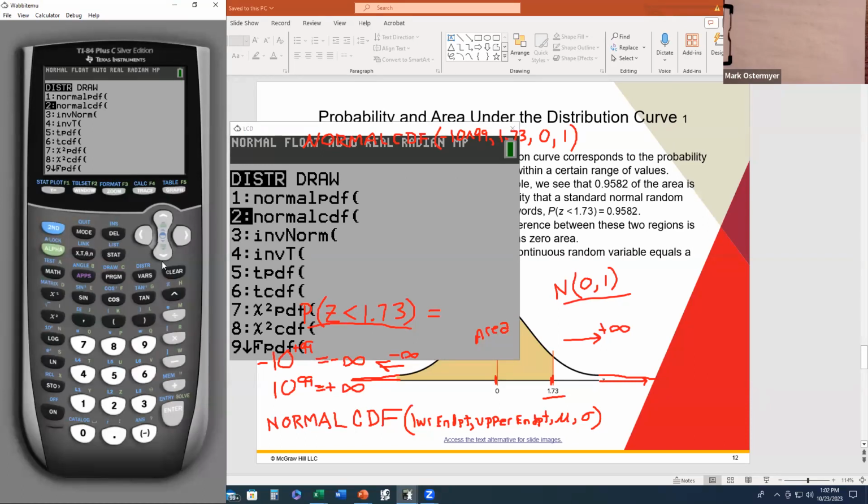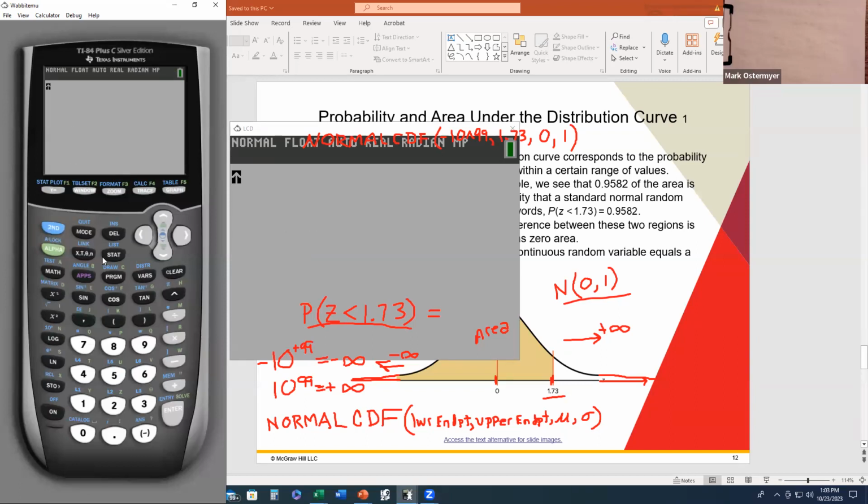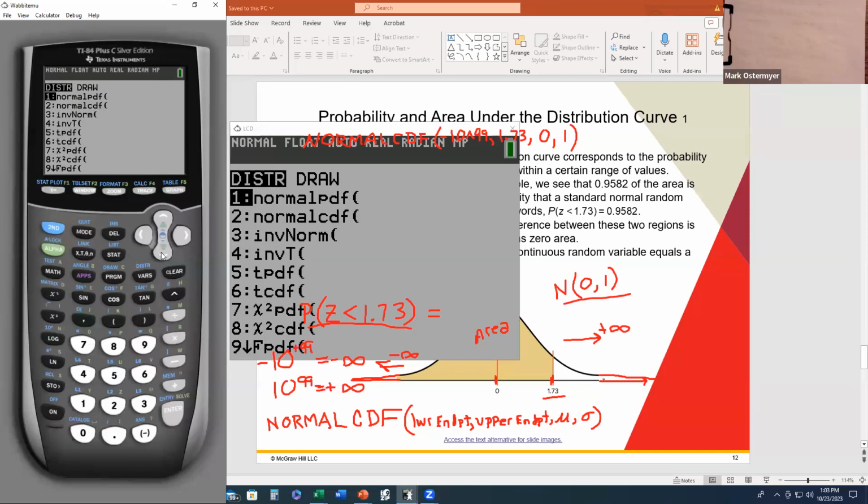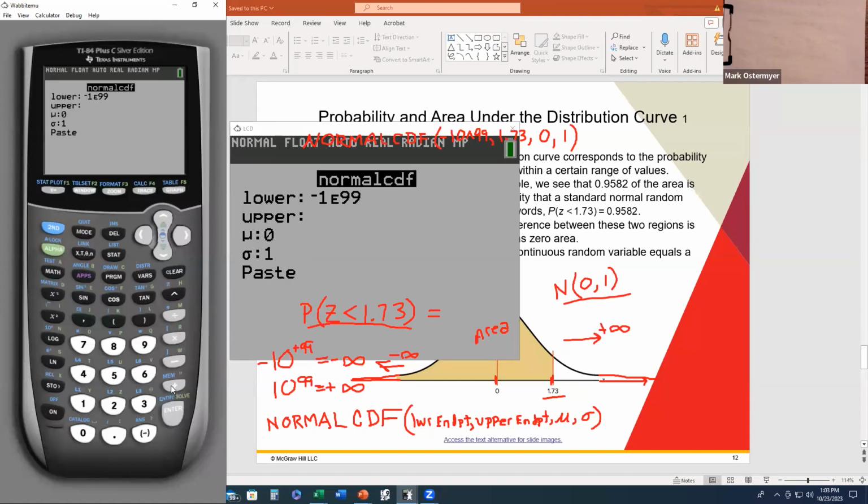That's the function we want. So we activate the normal CDF function, which hangs out in distribution mode. Second vars, normal CDF, hit enter. Some of your calculators will have this environment laid out vertically, but some will just have normal CDF with an open parenthesis waiting for you to populate the argument list.